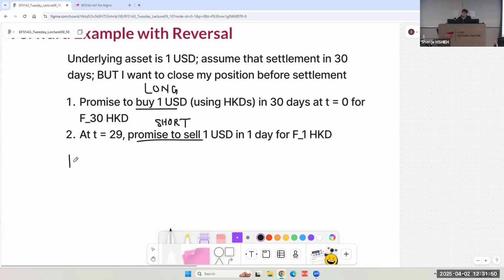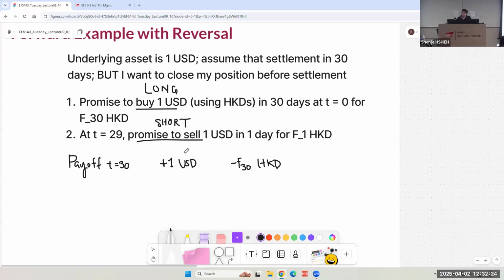So what does my payoff look like at time 30? Let's just write it out. T equals 30. From step 1, I receive plus 1 USD, and I will pay for it F30 HKD. That's my first contract.